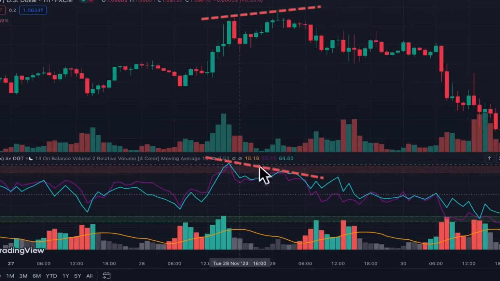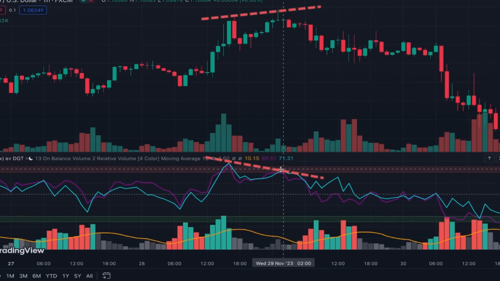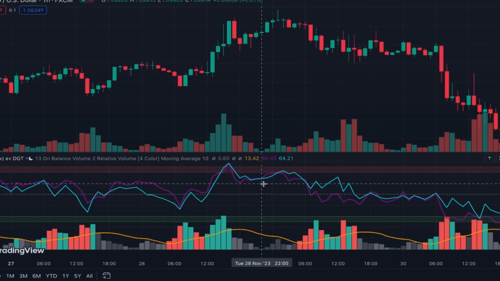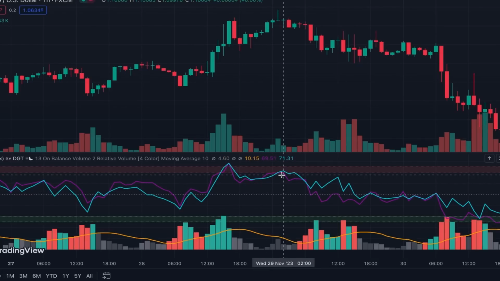It made lower high, as you can see, and this is telling us that selling volume is building behind the scene. And during this divergence period, here the bars are gray, showing low volume period in the market and flat market, and giving us more probability that the price is going to break out. Until now, we have probability to have a downside breakout because RSI and OBV are showing bearish divergence.